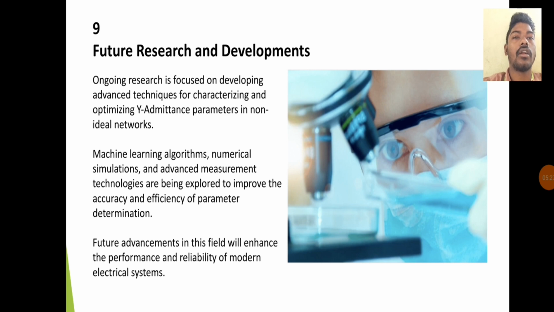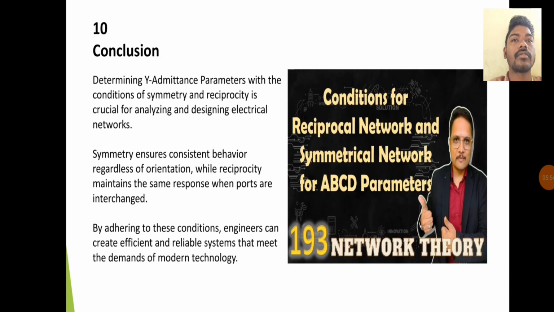Machine learning algorithms, numerical simulations, and advanced measurement technologies are being explored to improve the accuracy and efficiency of parameter determination. Future advancements in this field will enhance the performance and reliability of modern electrical systems.